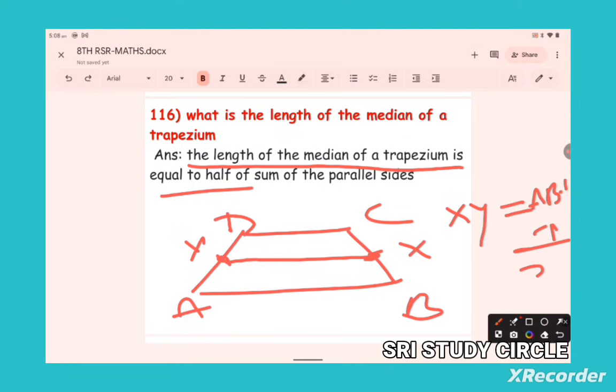So the median of the trapezium is equal to half of the sum of the parallel sides. So median XY is equal to (AB plus DC) by 2, or (AB plus CD) by 2. So this is the answer.